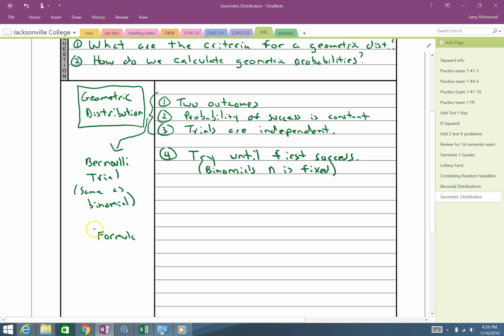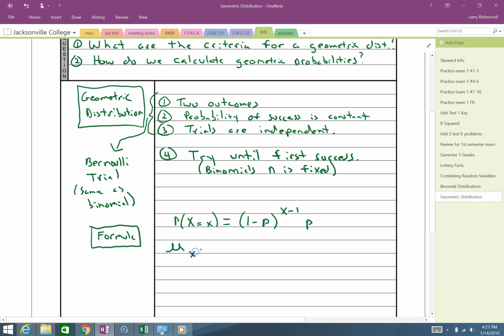Let's now take a look at the formula. This formula can be found on page 415 of your text. It says the probability that cap X is equal to small x will be equal to 1 minus p, that's the complement, to the power of x minus 1 times p, the probability of success.